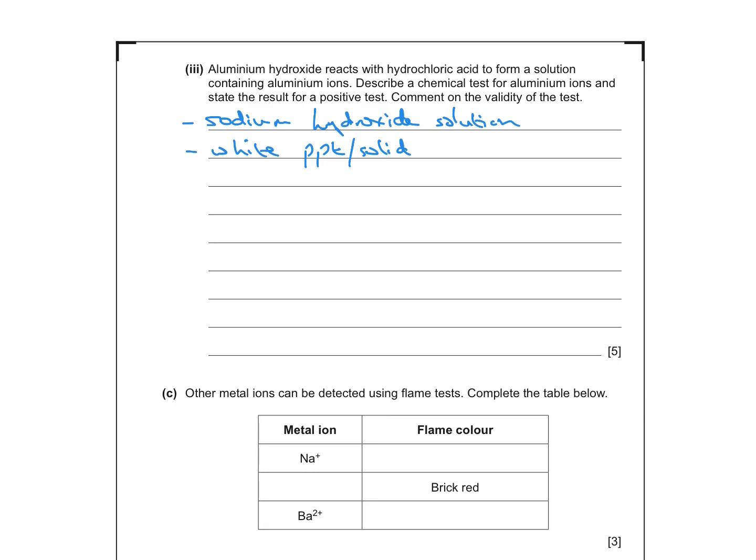So what we can then do is add excess sodium hydroxide solution, and the precipitate will dissolve. Now the question has a final sentence. Comment on the validity of the test. Now, aluminium ions are not the only ions to give a white precipitate. We've already said that.